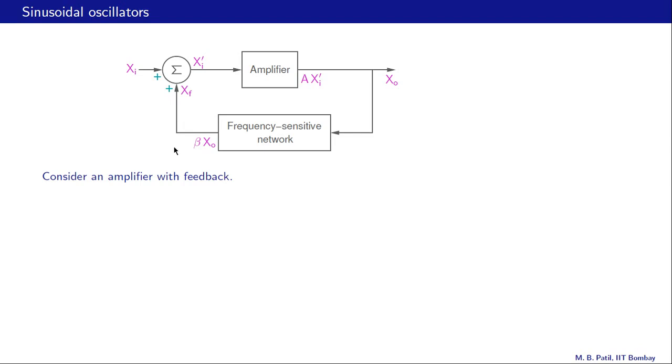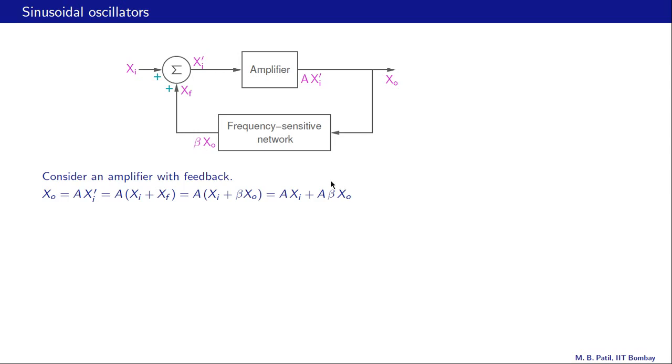So xi prime is xi plus xf, because we have these plus signs here. So that completes the picture, and let us now look at how xo and xi are related. Let us start with xo, which is A times xi prime. What is xi prime? It is xi plus xf, so we put that here. And xf is beta times xo, so we substitute that over here, and finally end up with A times xi plus A beta times xo.